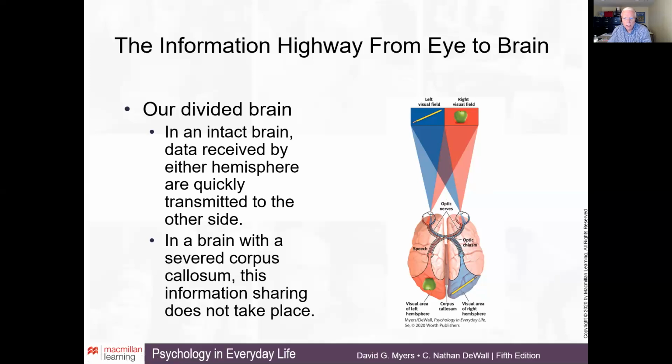You would say nothing, because you wouldn't be able to communicate to the speech area of your left hemisphere, which is where the speech center is located, what you just saw. It registered, but you couldn't acknowledge that you saw it because it didn't get over to this side of your brain.